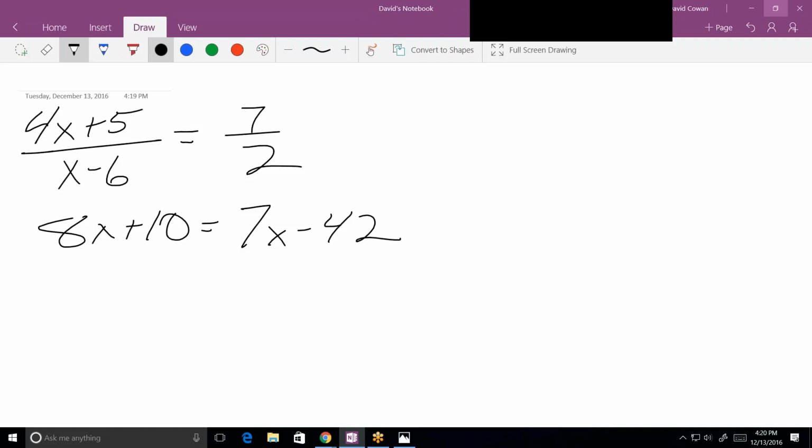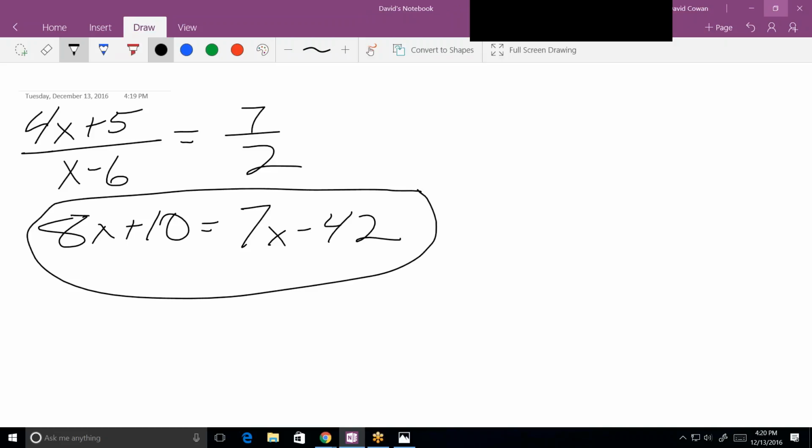Let's talk about this, because this is another subtle point. When we are on this step right here, we have to make a decision. We have to decide whether I'm going to bring my x's to the left and my numbers to the right, or vice versa. You chose to bring your numbers to the left and your x's to the right, and you ended up with all these negative signs.